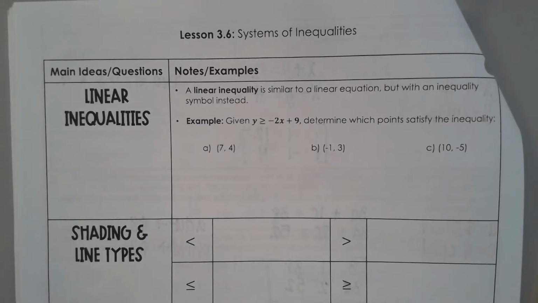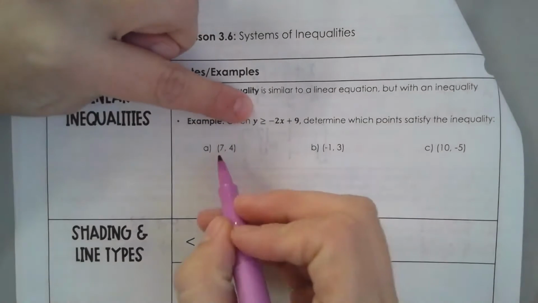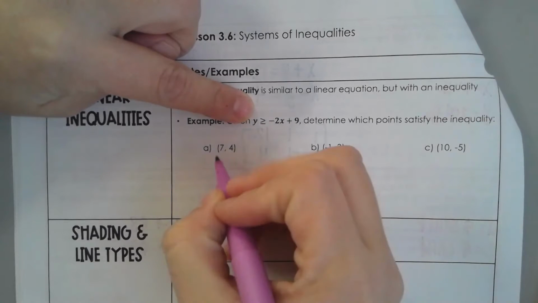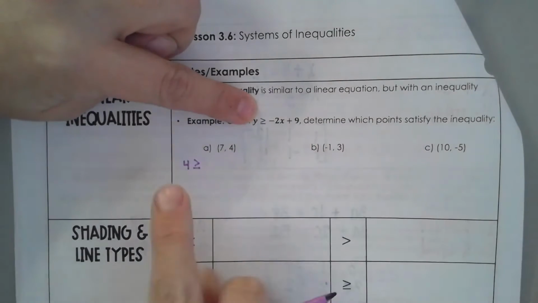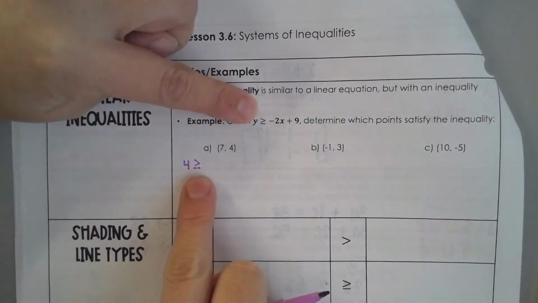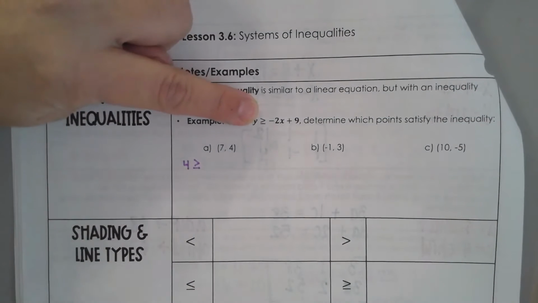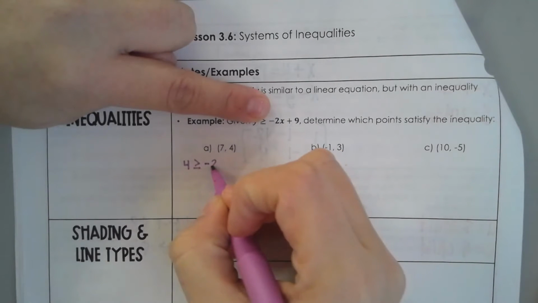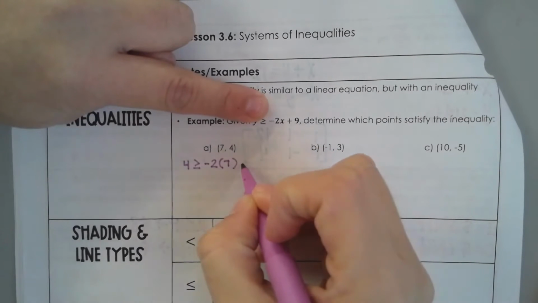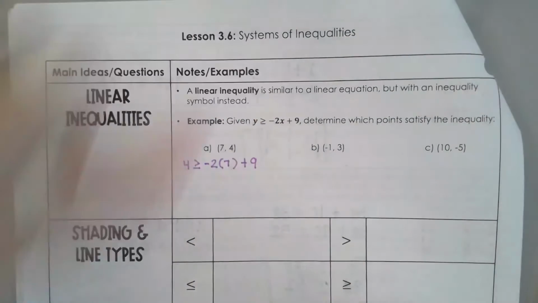So if I plug in my x and y, I get 4 is greater than or equal to, you need to know these symbols. If I just put the symbol up on the board, you need to know if it's greater than or less than. I have those memorized. 4 is greater than or equal to negative 2 times 7 plus 9.